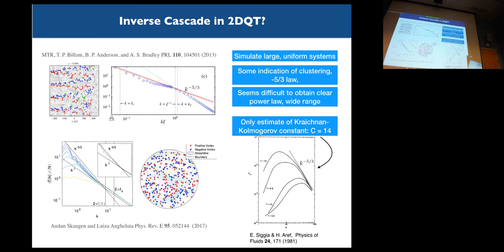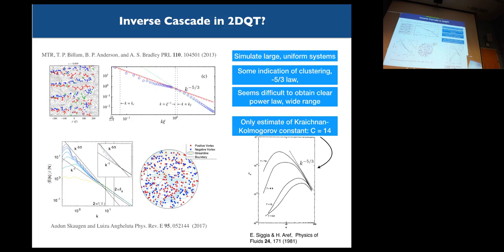And we were able to see some signatures that you would expect if you were seeing an inverse energy cascade. So we saw an aggregation of same sign vortices making larger and larger flow structures. And there's some indication of a -5/3 scaling in the energy spectrum, albeit over a somewhat limited range.